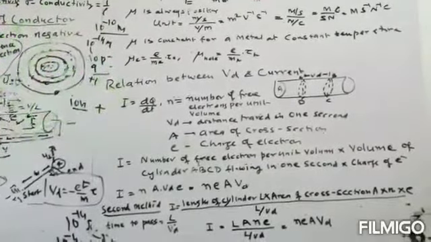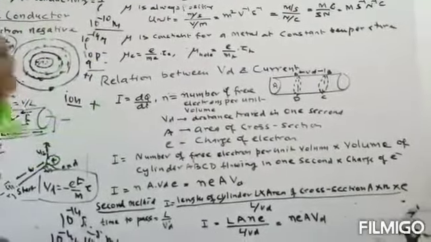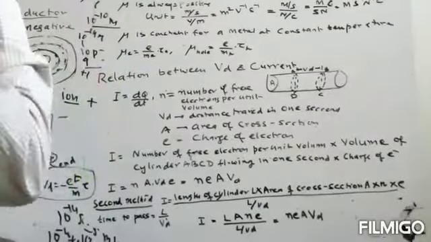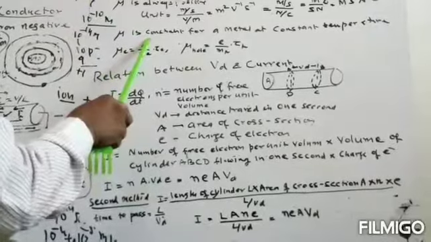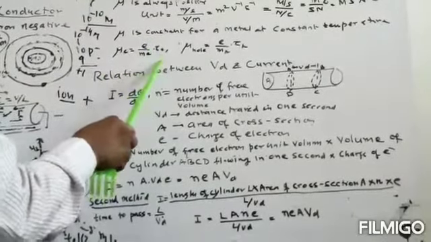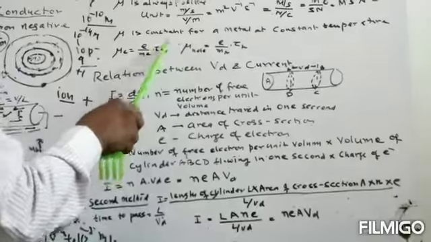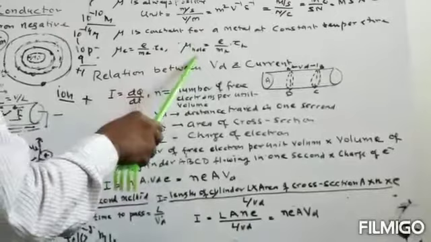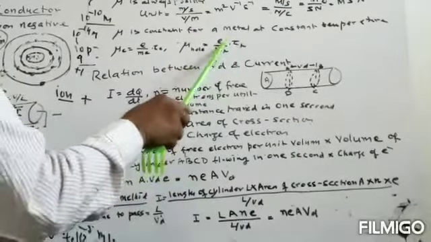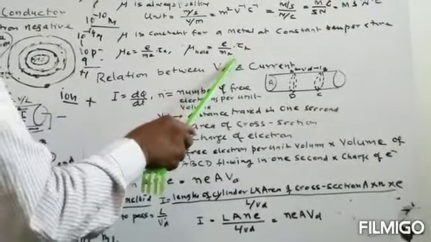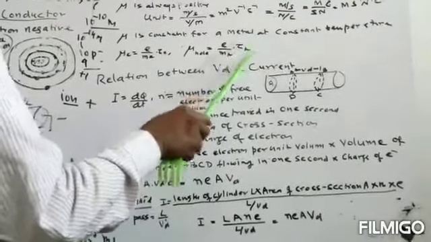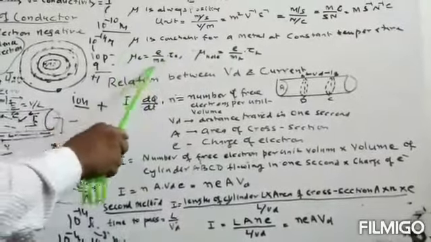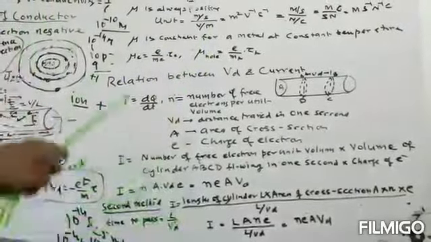The mobility of an electron in a semiconductor, mu_e, will be equal to e, the charge of the electron, multiplied by the relaxation time of the electron divided by the mass of the electron, and for holes, mu_h will be equal to e times the relaxation time of the hole divided by the mass of the hole. So the mobility of electron and hole is different in the semiconductor.